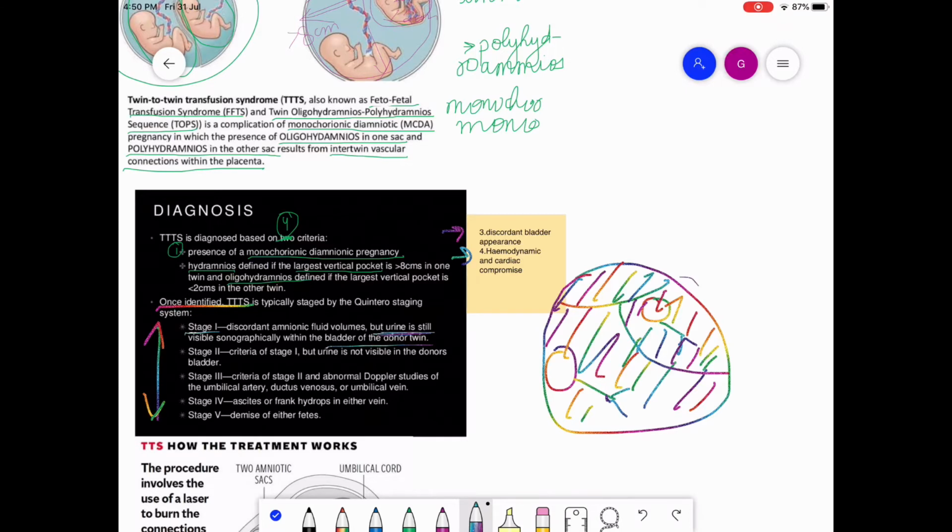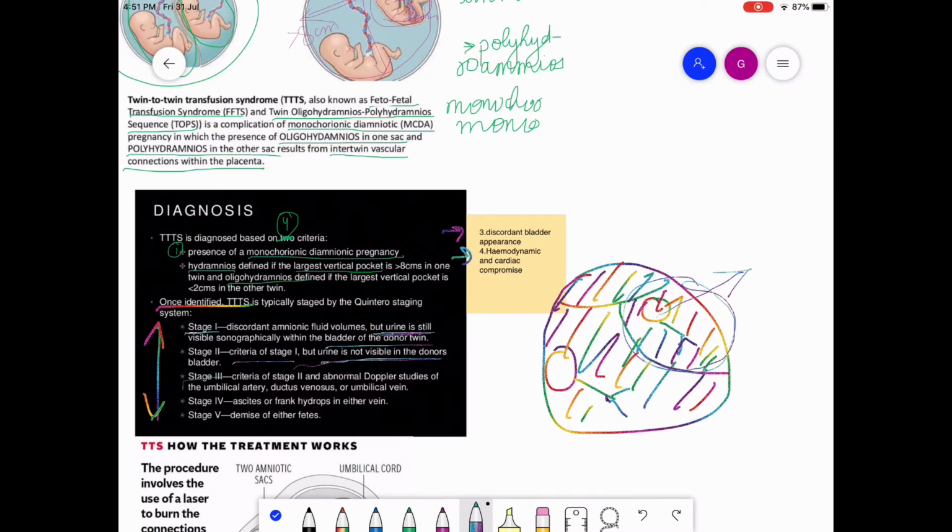So this little one is donating the fluid, because this one has a very small amount of fluid, but this baby has urine in its bladder. Now stage 2 fulfills the criteria of stage 1, but urine is not visible. So here the urine is not visible in the donor's bladder.